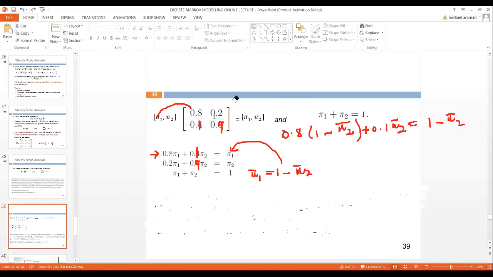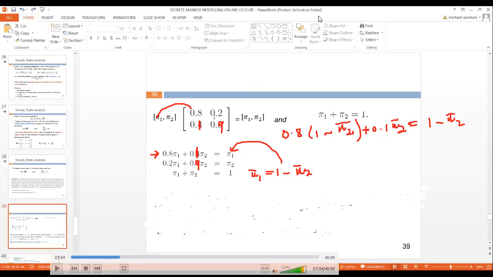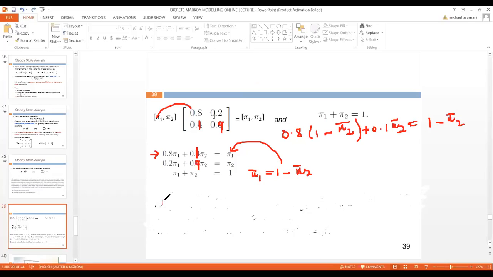Okay, that's from my side. So we have pi 2 equals to 2/3.